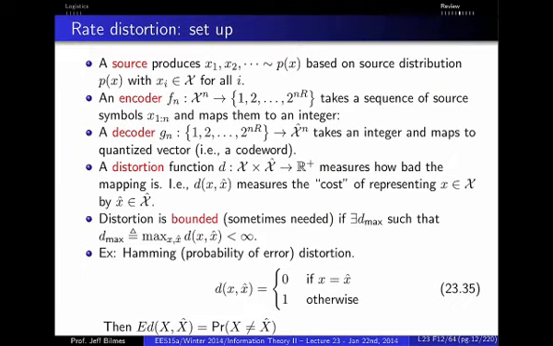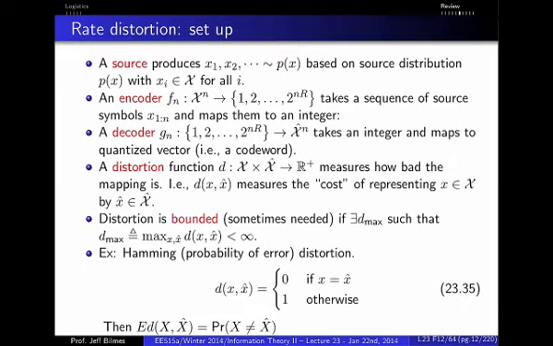A decoder then takes one of the integer indices and maps it to one of the representatives. So the encoder maps to the index of the representative, not the actual value.